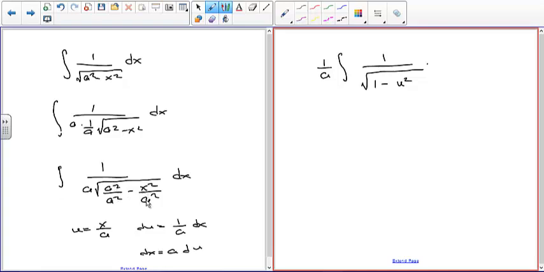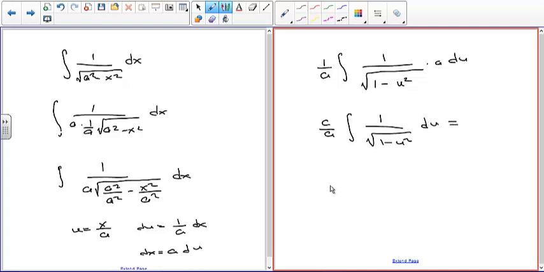This is 1. This is x over a, which is u. So that's u squared. So I get a times du. And then I can factor the a out again. So I'll get a over a times the integral of 1 over the square root of 1 minus u squared times du.